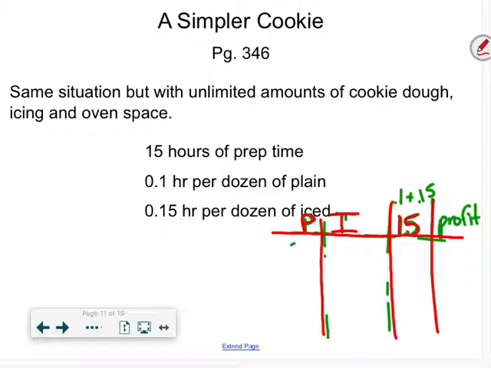Did you just focus on 15 hours? Yeah, I focused on 15 hours. What's the combination? I was able to do 75 plain. I used all 15 hours and I ended up with a profit of 212. I'm going to try another combination to see if that's better.